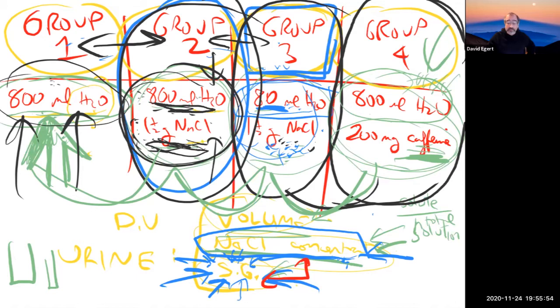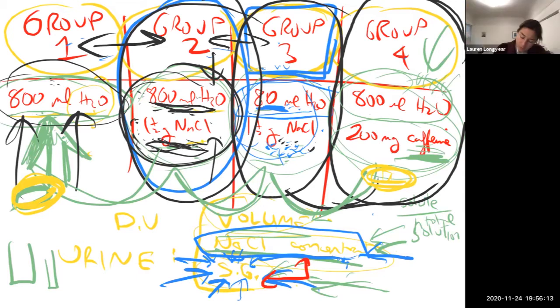And likely low concentration and low specific gravity, because if you have a larger volume, even if you secreted the same amount of solute, you are going to have a lower concentration. Then it'd also be a lower specific gravity.